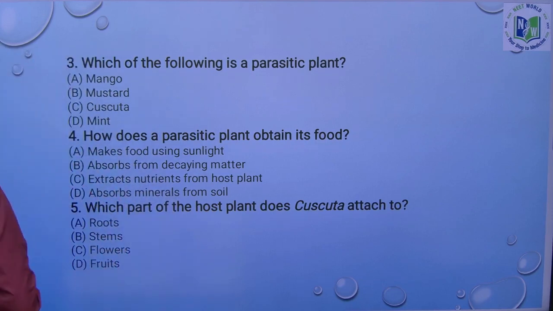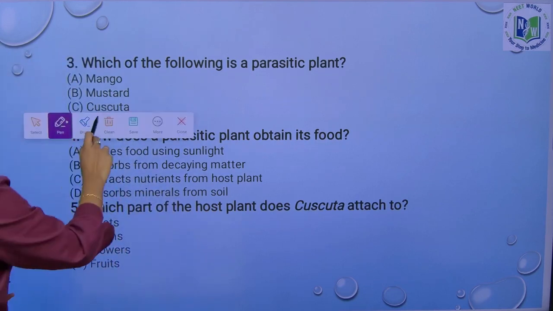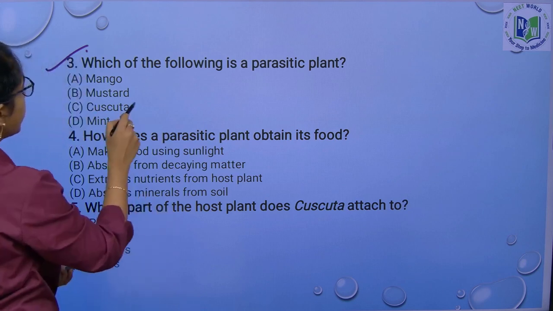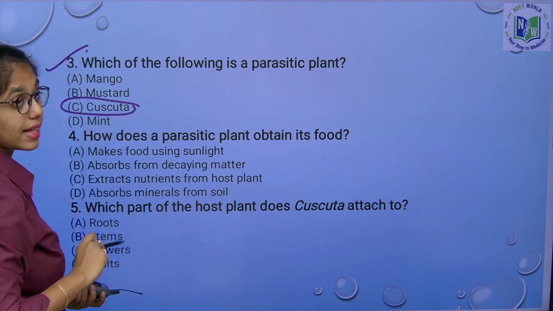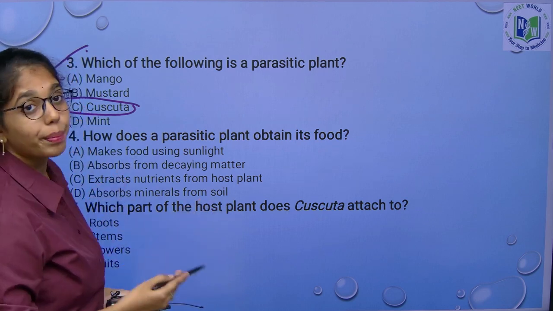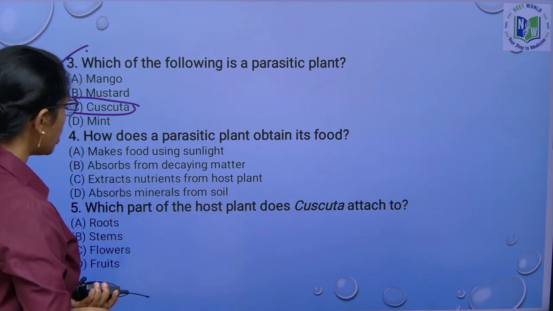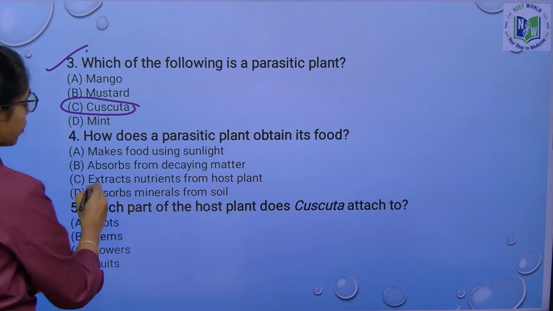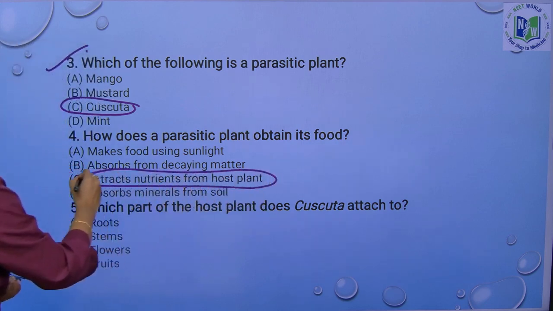Next, third question: which of the following is a parasitic plant? Cuscuta is a parasitic plant. How does a parasitic plant obtain its food? It extracts nutrients from the host plant. How is it extracting the nutrients?